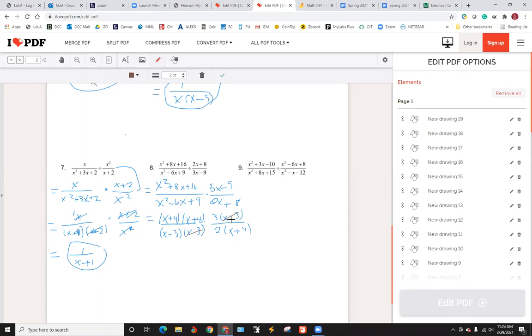Those are gone. Oops. The 3 is still there. All right, so these are both gone. These are both gone, and I got a 3 and a 2 there. So all that's left here is a 3/2.